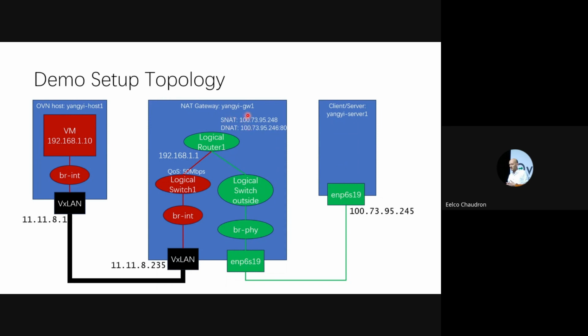SNAT IP 100.73.95.248 and DNAT IP 100.73.95.246 are physical network IPs. They are in the same subnet with the third machine, the client or server machine. This client or server machine is used to verify SNAT, DNAT, and QoS. Its host name is Yang-server1.